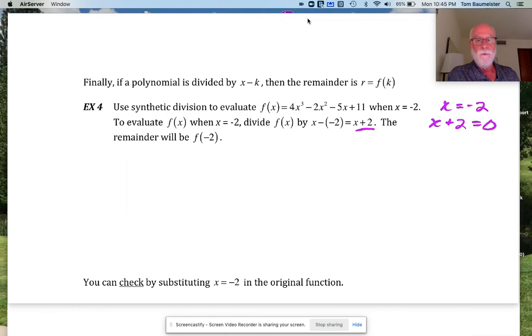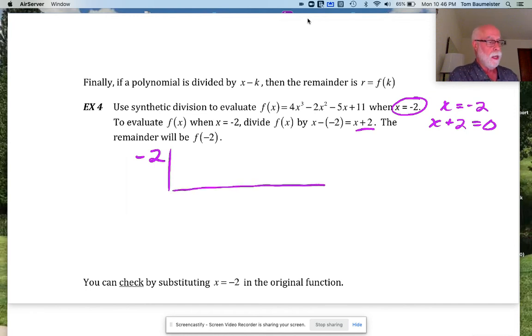The thing to remember is when they tell you when x is equal to negative 2, we're not going to change the sign on the outside. The outside one will be negative 2. If it said x is equal to 2, it'd be positive 2 there. If it said it was negative 4, it'd be negative 4. All right?